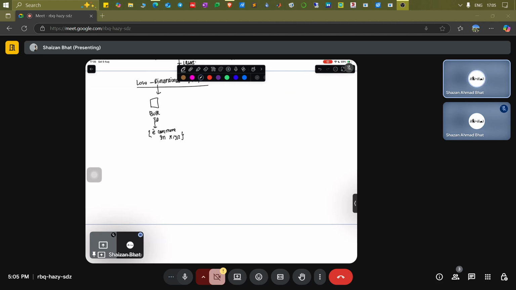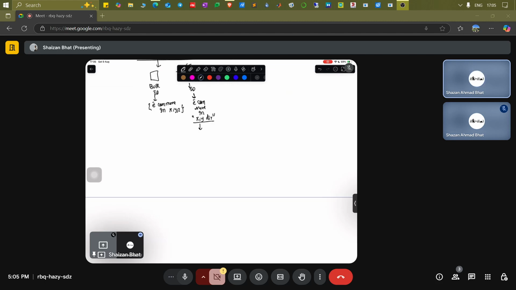If we talk about a 2D system, the classic example is a quantum well. Here, the electron can move in X and Y directions only. That means in one direction the electron is confined. So that is a two-dimensional system.